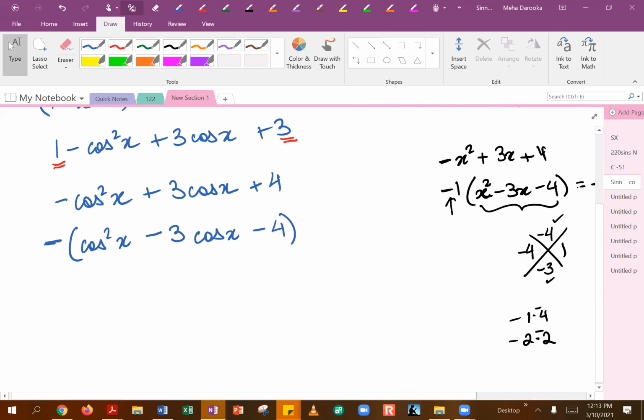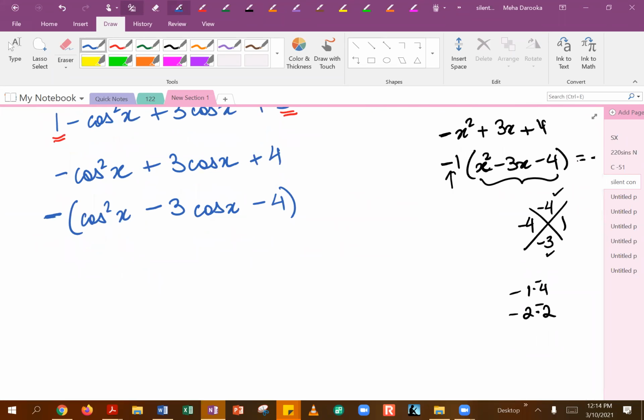So that's the same technique we are going to be using with our trigonometric functions here. So the negative will stay outside. Okay, and then this guy will break down into cosine of x minus 4 for the first parentheses, and then cosine of x plus 1.